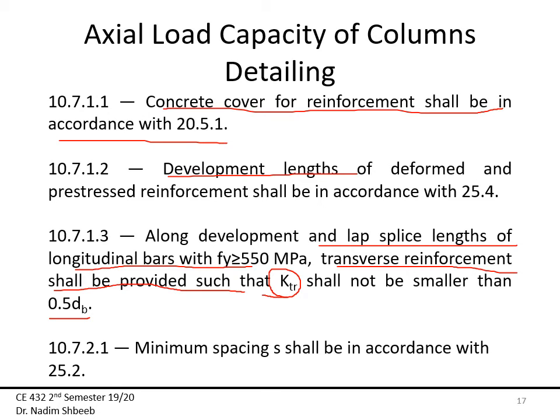Based on KTR, if that value is less than half dB, then I need to provide more lateral reinforcement. Minimum spacing shall be in accordance with 25.2, which is like we took in the lecture, same rules apply: minimum of 25 millimeters, or I believe it was 1/3 of the diameter of the aggregate, or the larger of more than 25 dB if it's more than 25.